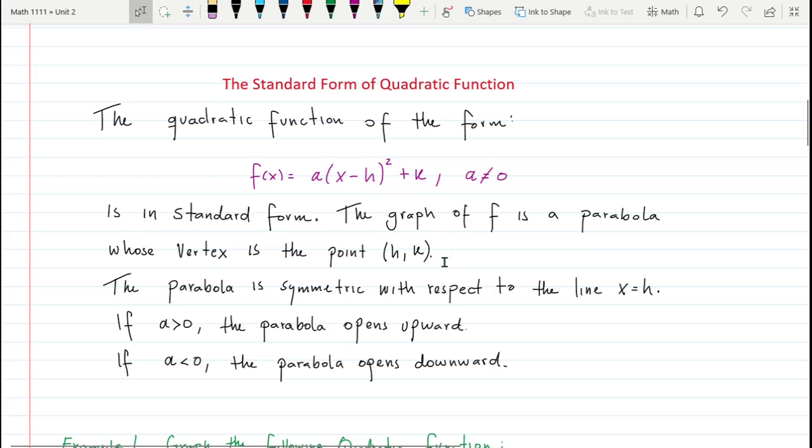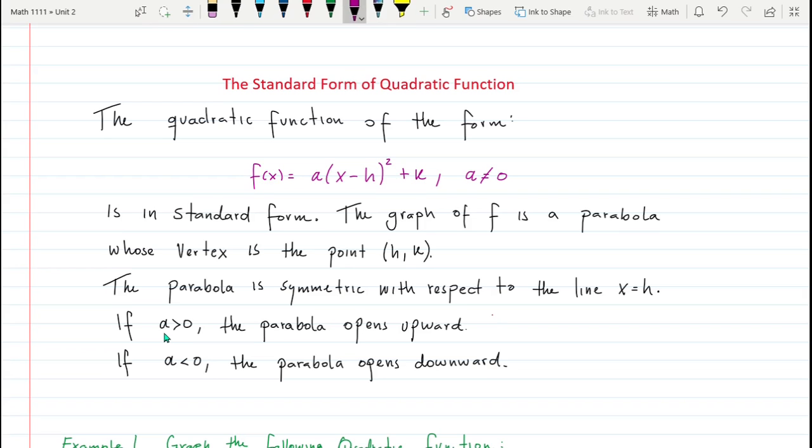So this standard form is also known as vertex form, because you can easily just look at it and pull out the numbers from there and make them a point, and that will be the vertex. You can tell whether it opens upwards or downwards by the sign of a. If a is greater than 0, then the parabola opens upwards, and if a is less than 0, then the parabola opens downwards.